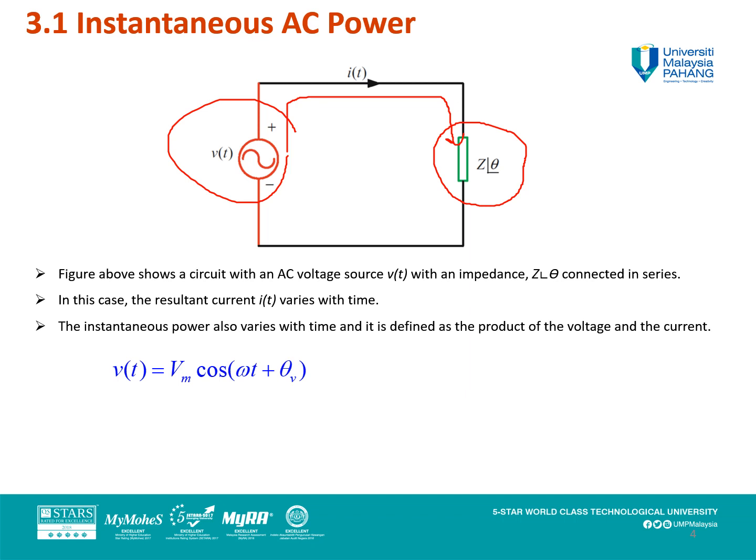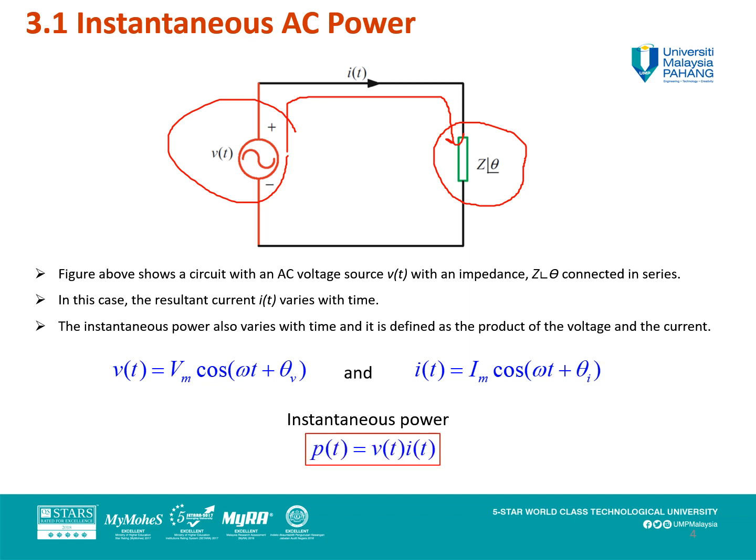So v(t) is Vm cos(omega t plus theta V), and for the current, we have Im cos(omega t plus theta I). The product of v and i produces power. We call it instantaneous AC power. p(t) equals v multiplied by i. The unit is watts, or you just put it as W.